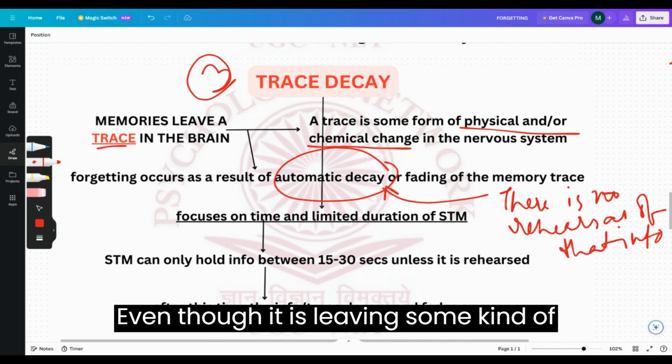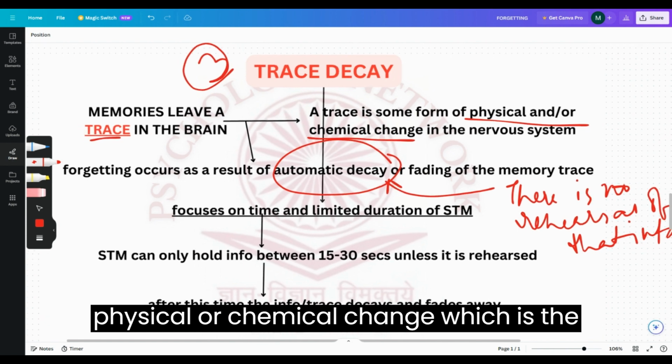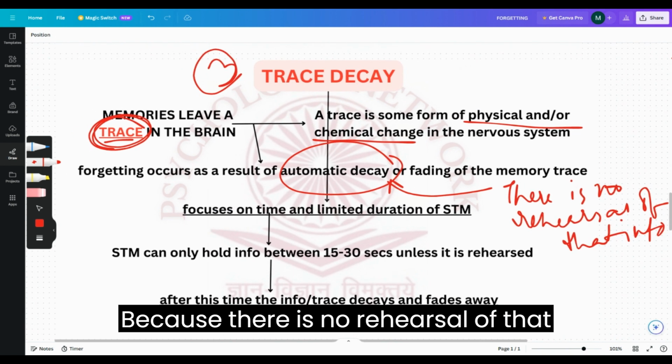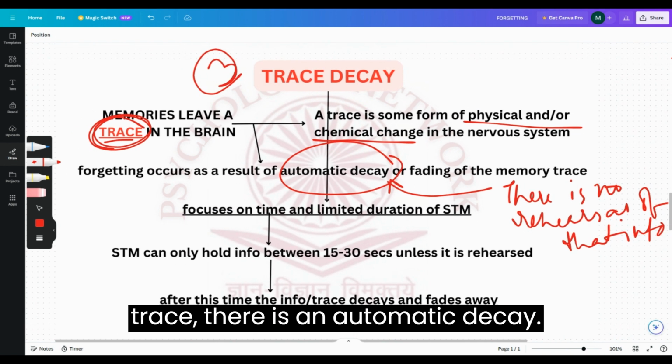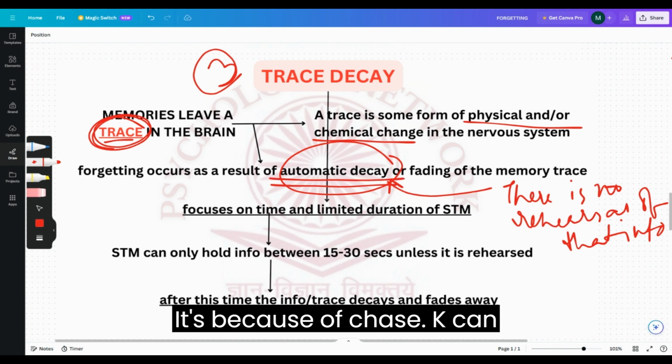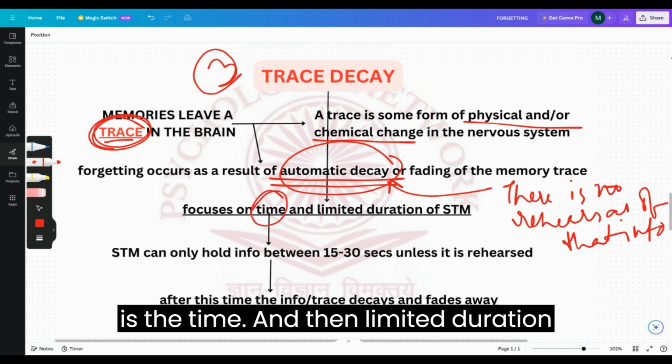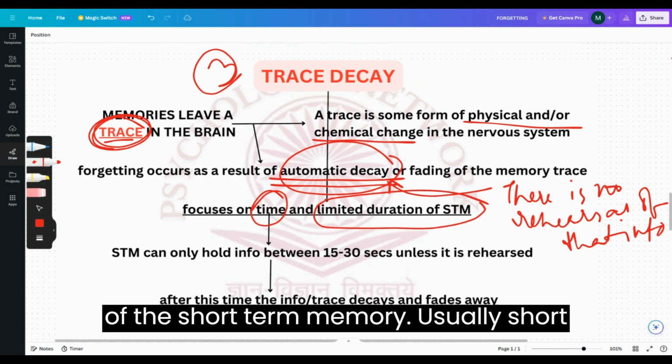Even though it is leaving some kind of physical or chemical change, the so-called trace in the brain, because there is no rehearsal of that trace, there is an automatic decay. The two important things in trace decay are time and the limited duration of the short-term memory.